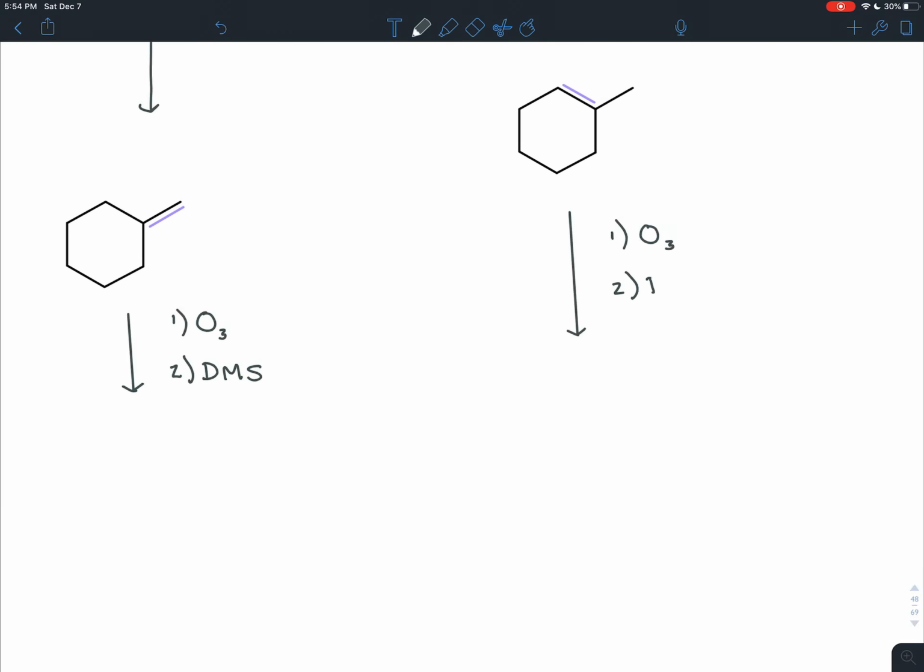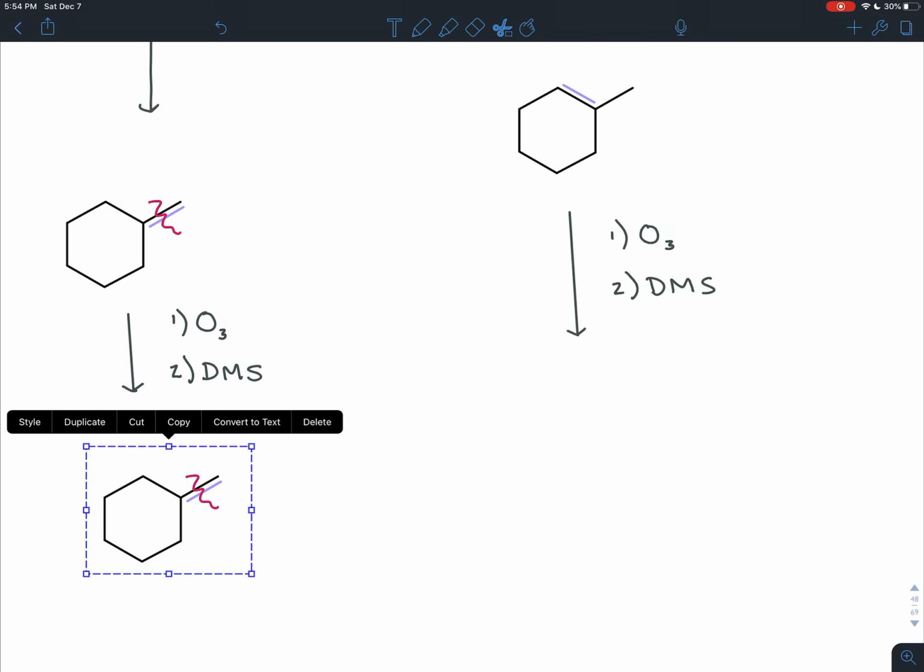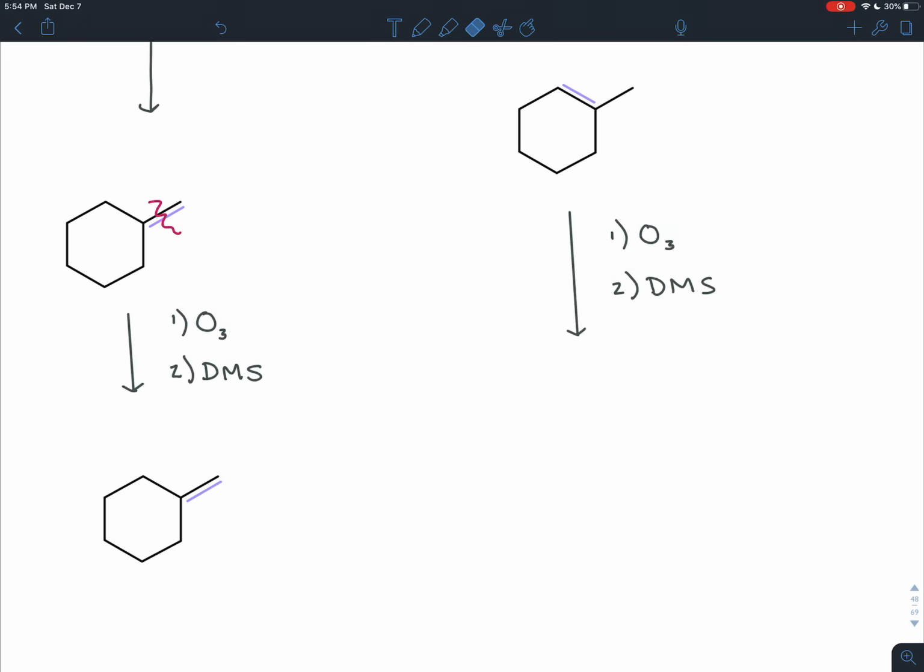So dimethyl sulfide, DMS, what you end up doing is breaking the double bond, and where you had it, the carbons on either side still have a double bond, but they are to the oxygen from ozone.